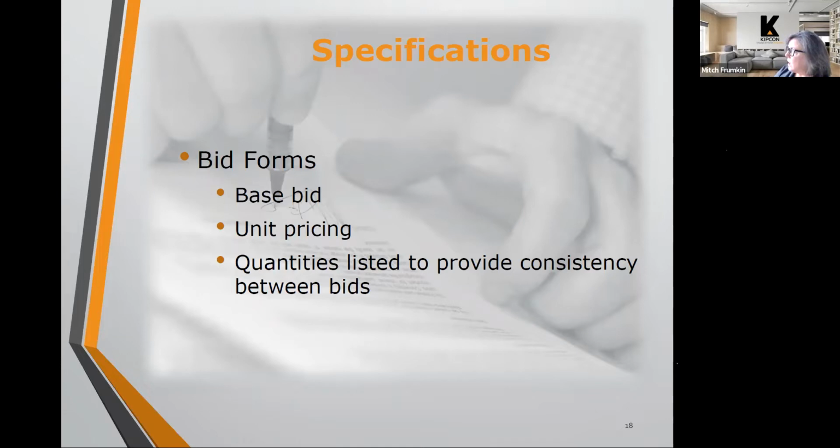And depending on the topography of the site and several other factors, we may ask the contractor to provide us with an estimate. I always have an idea of what that quantity estimate will be, but I ask the contractors just to verify that everybody is getting similar estimates of quantity.